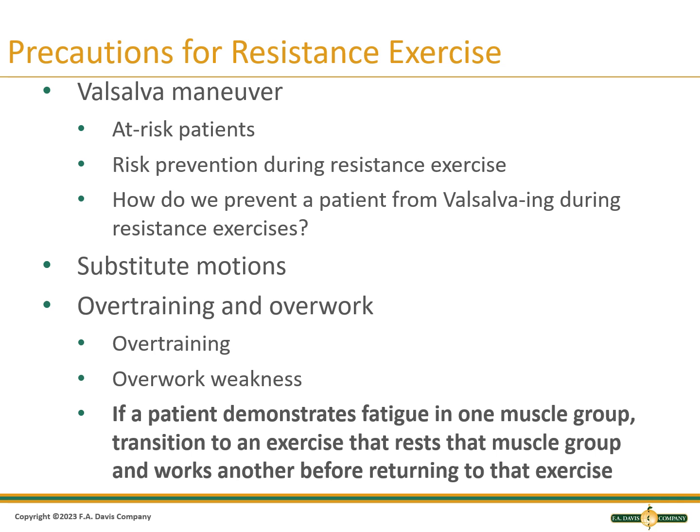Overtraining would be pushing them too far in their training sessions and having fatigue that accumulates over time, or overwork would be typically within one exercise intervention and trying to push through poor performance as a result of fatigue. If a patient demonstrates fatigue in one muscle group, transition to an exercise that rests that muscle group and works another muscle group before returning to that exercise, but don't just abandon ship.